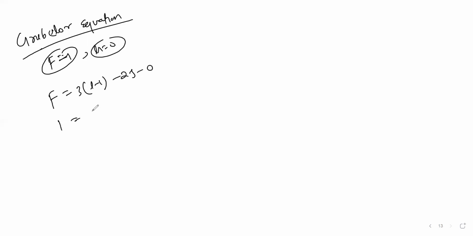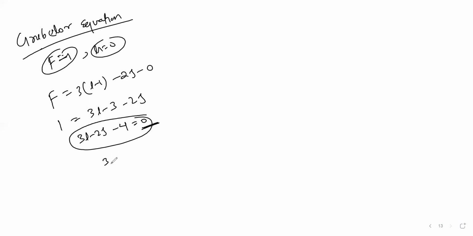So you substitute 1 here. It's 3L minus 3 minus 2j. So from here we can say that 3L minus 2j minus 4 is equal to 0. So 3L minus 2j minus 4 is equal to 0. It means 3L is equal to 2j plus 4.